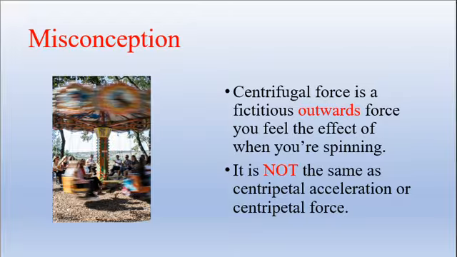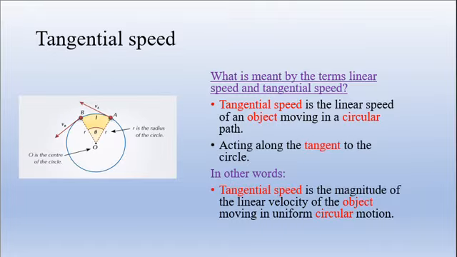Okay, so now let's have a look at what is meant by the term tangential speed and how it differs from linear speed. Linear speed is an umbrella term. It's simply speed, which is a scalar quantity, without taking into account direction.